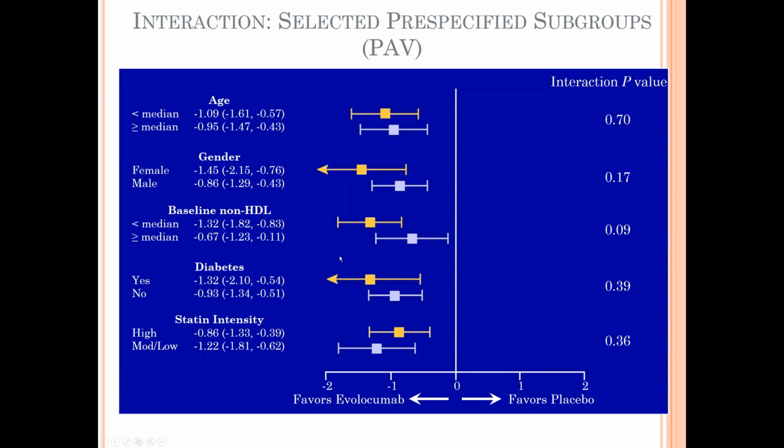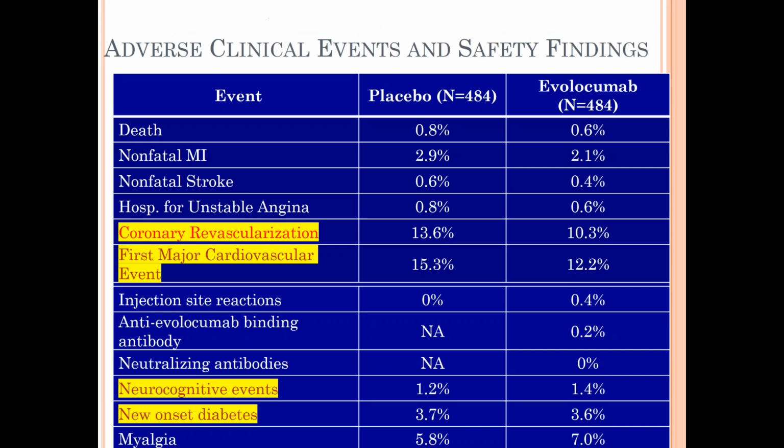And then looking at subgroup analysis, diabetics and patients with baseline non-HDL greater than the median benefited more. Females tend to benefit more, favoring evolocumab.